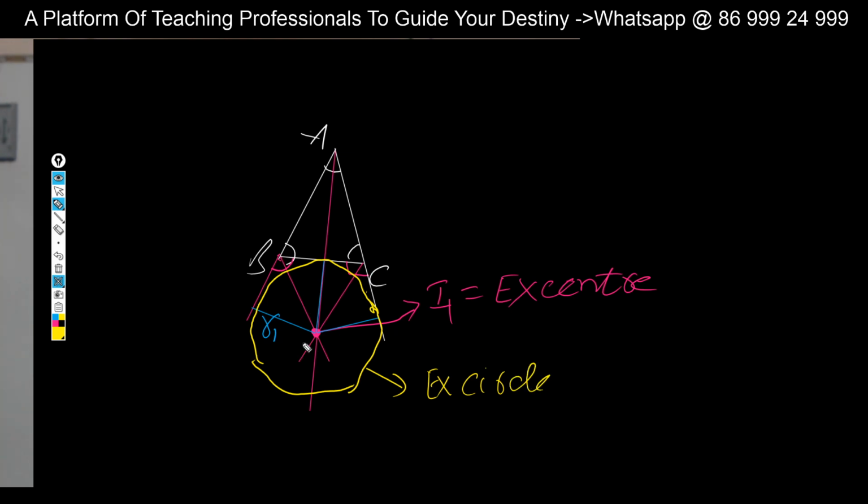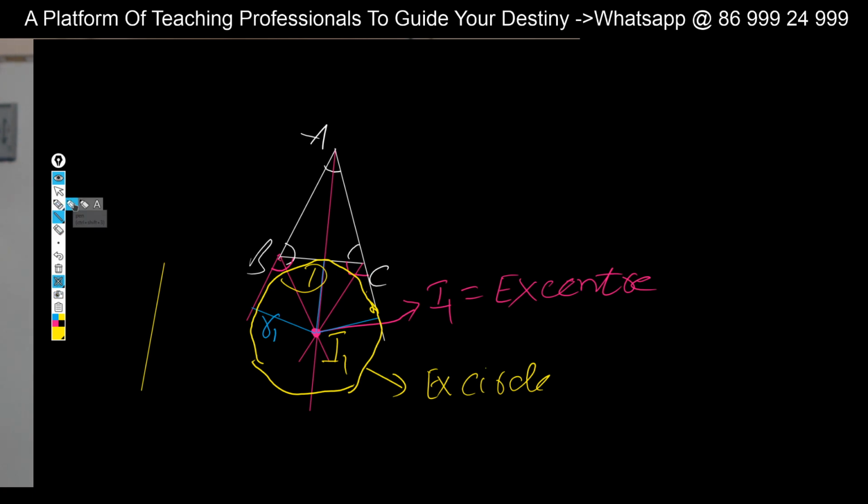The interesting fact is that this I1 divides the line segment AD. What is AD here? The internal angular bisector. I am showing it separately. This is AD.